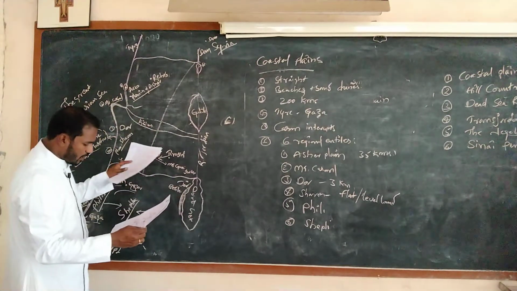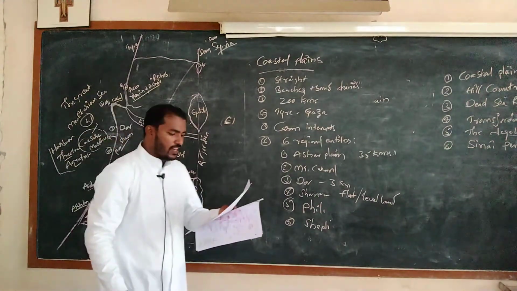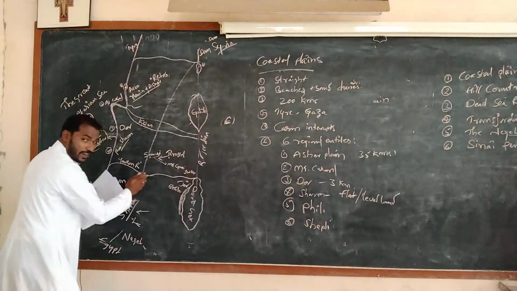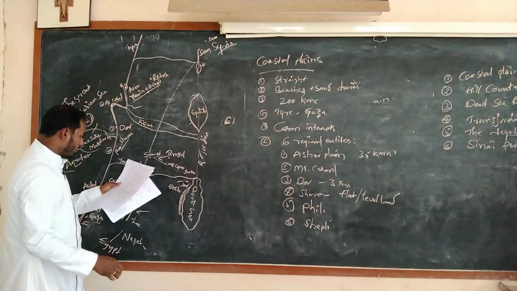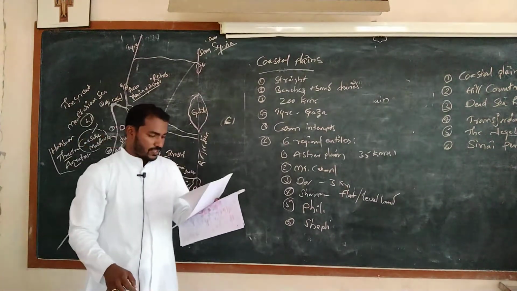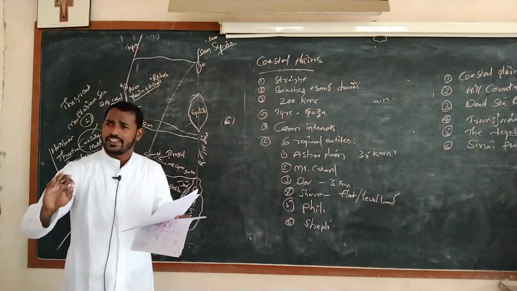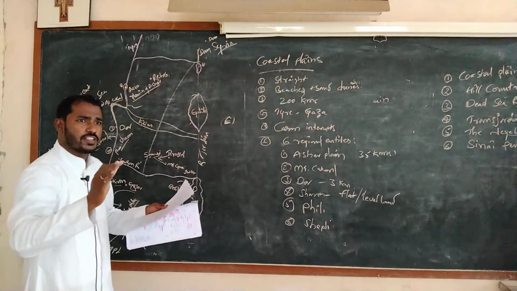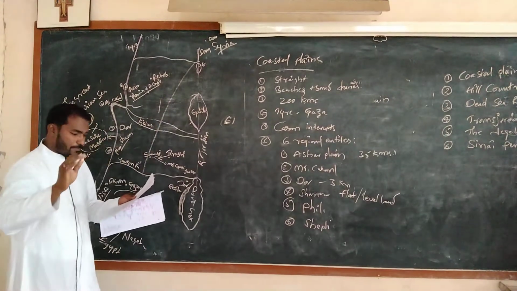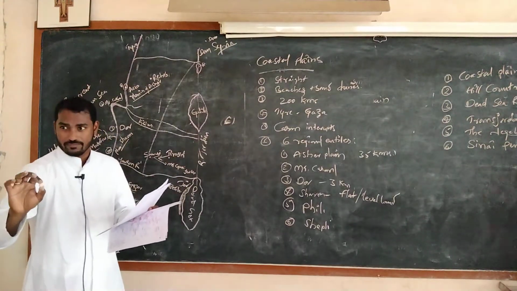And we say something about the hill country, a few words. The hill country occupies most of the country between the coastal plain and the West Jordan, as I said. The second point is that the rocks are sedimentary carbonates. Sedimentary means the rocks are very soft, like limestone, like chalk.